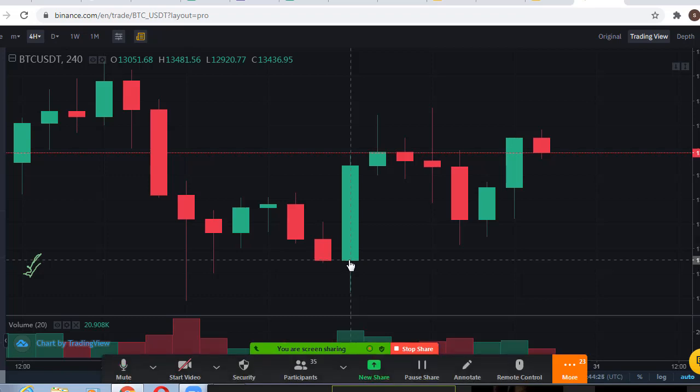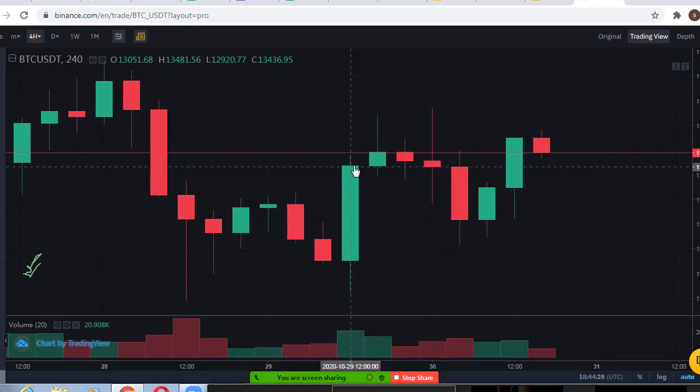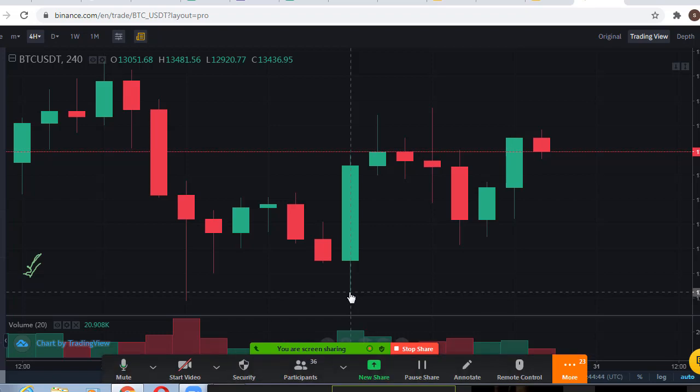After the opening, price comes to this level, comes back up to this point, which is the highest high, and closes here. So we have the high, the close, the opening of the candle, and the lowest low. That is the lowest place where price reached for this particular candle.